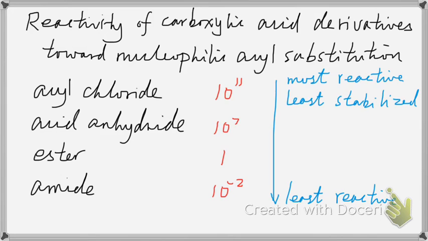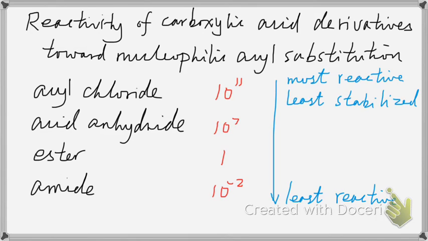And to put it in another words, a more reactive derivative could be used to prepare a less reactive one, but not the reverse. That means we can use a compound on the top to make a compound at the bottom.